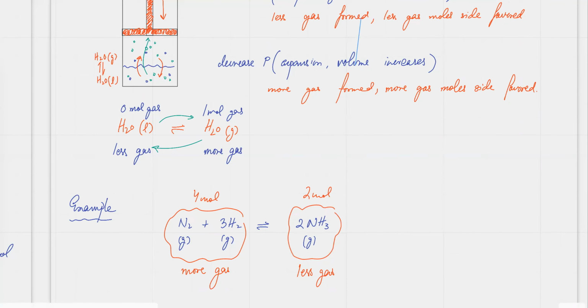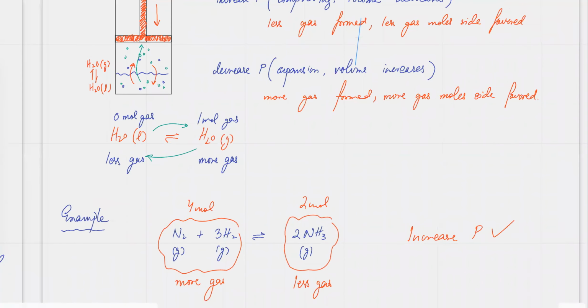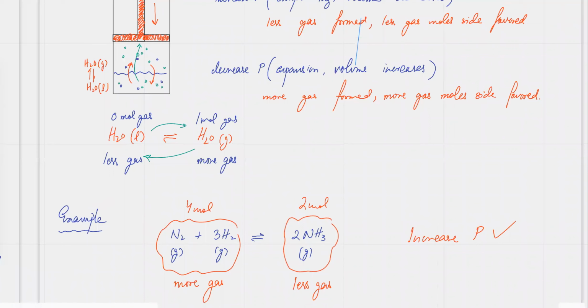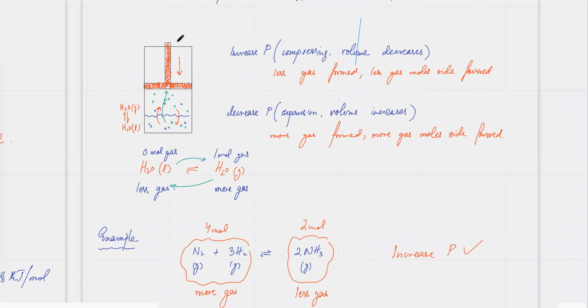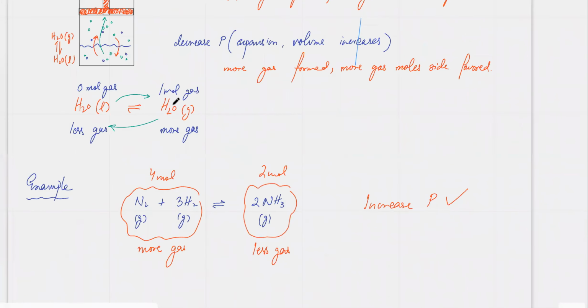तो अब ये जो करना है कि if I increase pressure, मैंने तो किस साइड पे रूल किया इंक्रीज प्रेशर? लेस गैस और मोर गैस? और इंक्रीज प्रेशर से दिमाग में क्या आना चाहिए? यू आर कंप्रेसिंग इट, उस पर आप प्रेशर अप्लाई कर रहे हो, तो यू आर स्क्वीजिंग इट। ठीक है, तो ज्यादा गैस बनेगी, मोर गैस बनेगी, लेस गैस? लेस गैस। रिमेंबर, इंक्रीज प्रेशर से ना दिमाग में आना चाहिए, यू आर कंप्रेसिंग इट, तो जगह खत्म होती जा रही है। देयर इज नॉट गोइंग टू बी अ लॉट ऑफ गैस फॉर्म नाउ, सो less gas would be formed, which in this case is what side?